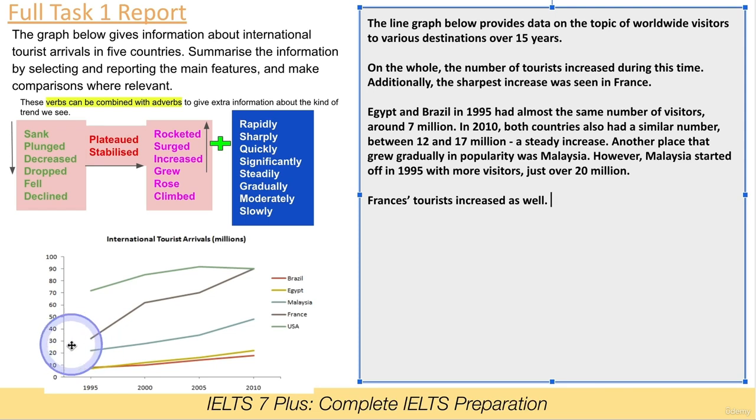Where were they? Ooh, about the 30 million mark. So we can say starting at about, have we used "about"? I don't think we've used about. Okay, that's good. Starting at about 30 million in 1995.